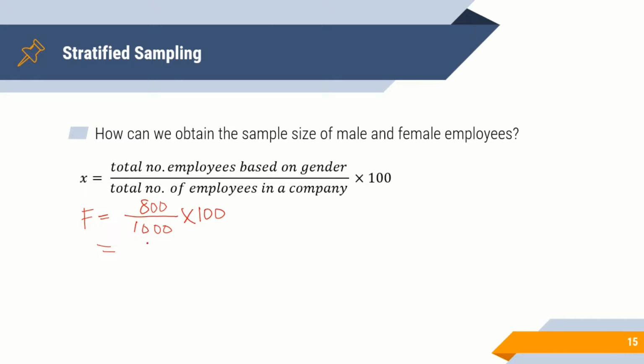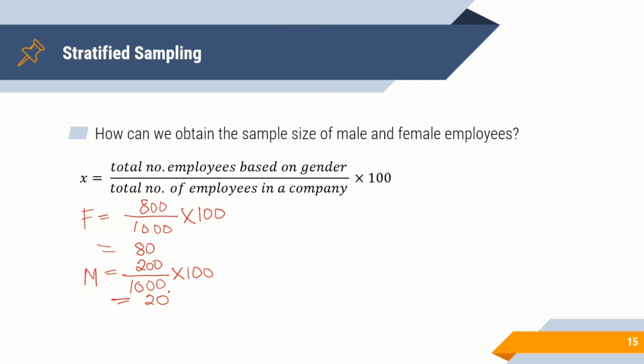So we get a total of 80 employees. Now for the male employees, the total number of employees based on gender is 200. Then we divide it by 1,000, the total number of employees in the company, and multiply it by 100. This is equal to 20.